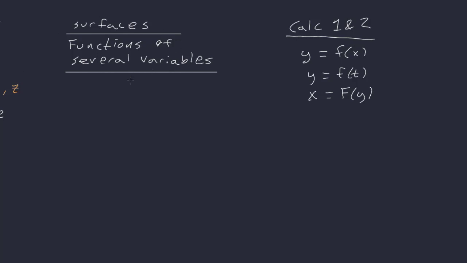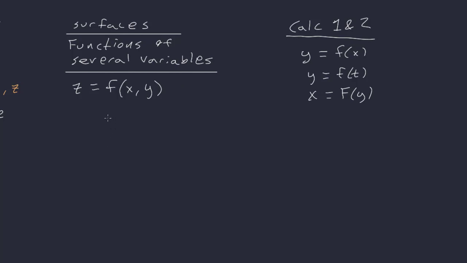What surfaces are, they're functions of several variables. So instead of y equals f of x, we may have something like this: z equals f of x, y. This will give us a surface of some kind.